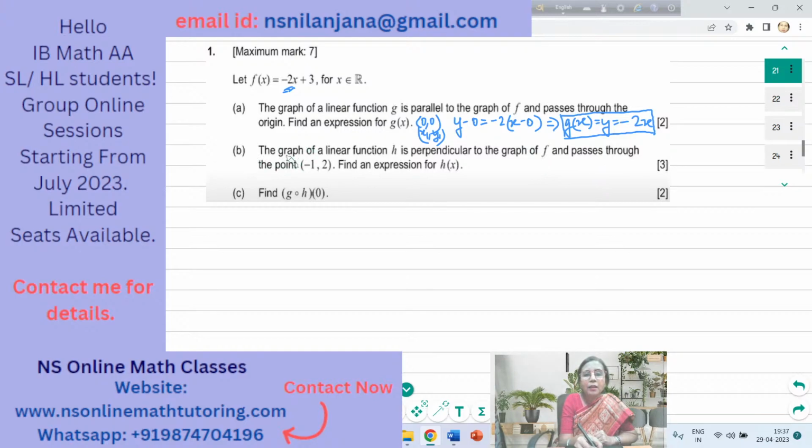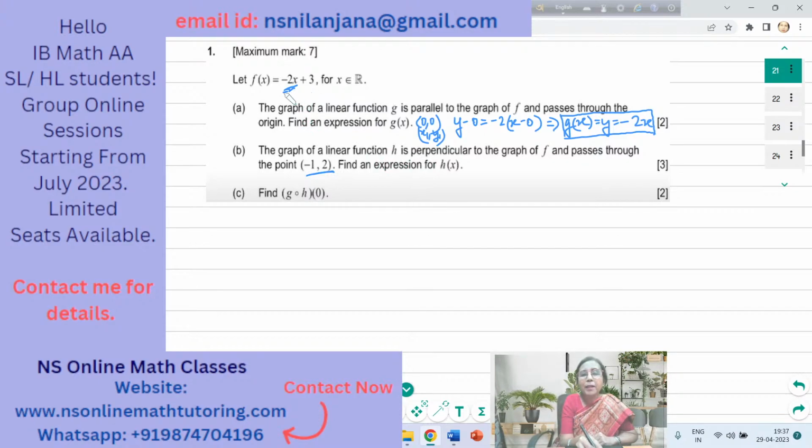Part B: the graph of a linear function h is perpendicular to the graph of f and passes through the point minus 1, 2. Find an expression for h of x. The point's coordinates are given and you can find the gradient, because the line will be perpendicular to this line.